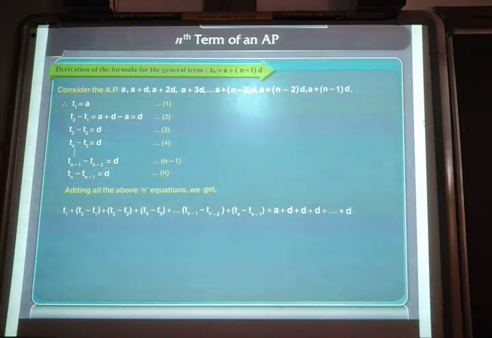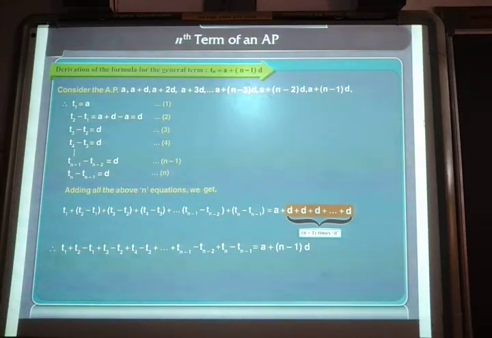What is the sum of all the d on the right side of the equation? It is n minus 1 times d. The right side is a plus n minus 1 into d.